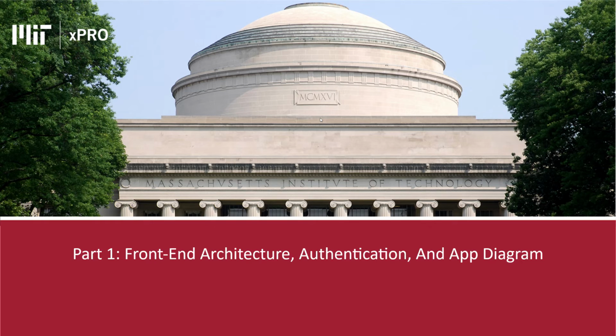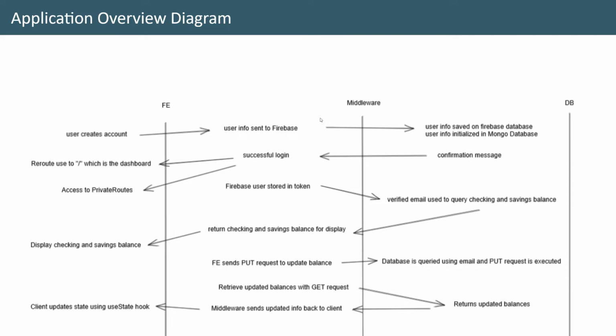So let's proceed. As far as the application overview diagram, this is the general rundown of how the application is handling information. So the user creates an account, it is then sent to Firebase, authorized, authenticated, and then the user is stored on the Firebase database, as well as the email is then used to initialize a Mongo database user.